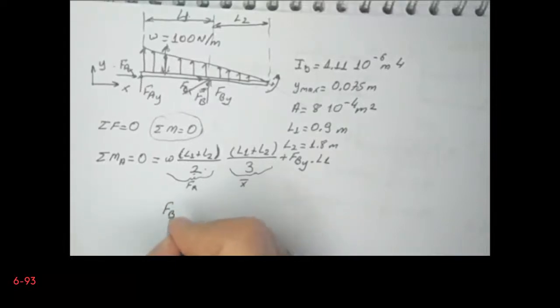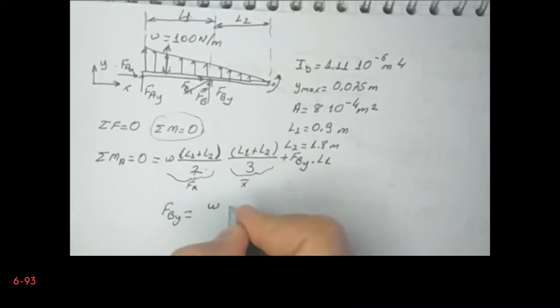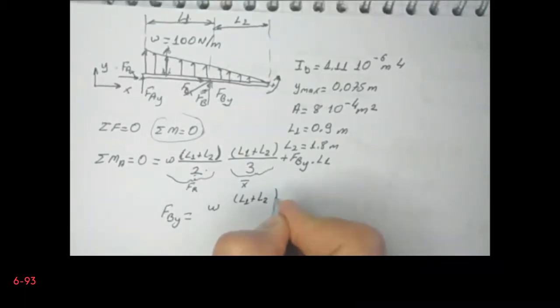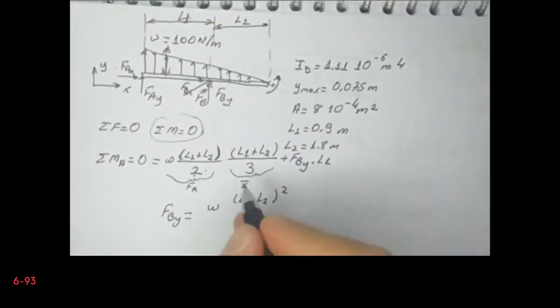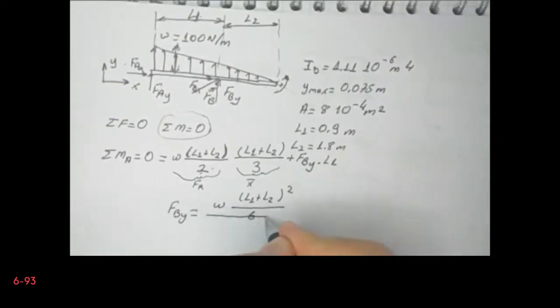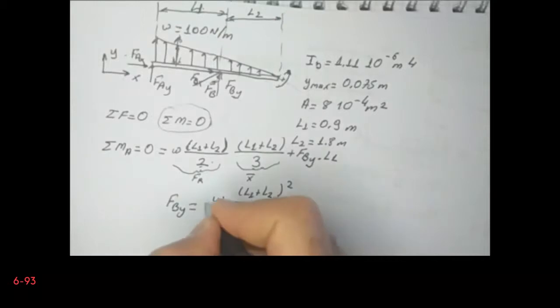FBY is equal to W times L1 plus L2 squared divided by 6, and then that will be divided by L1. And of course it is negative.